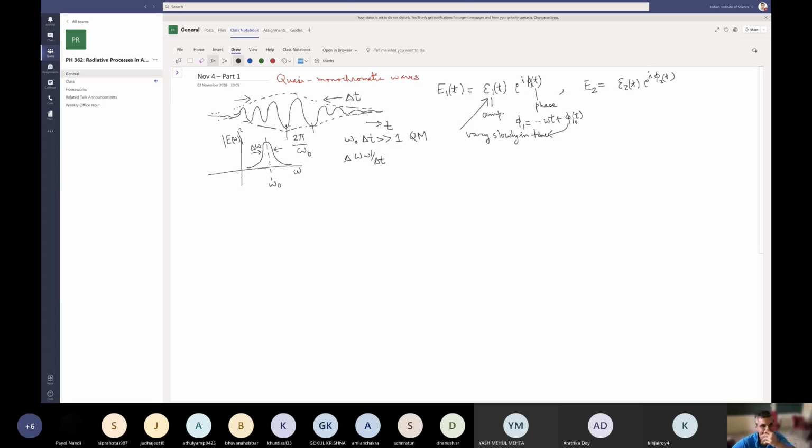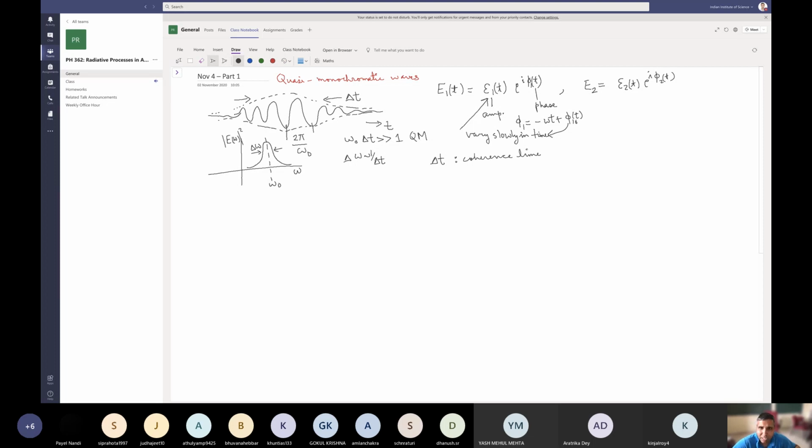In the same way, when we say we have quasi-monochromatic waves, what is happening is that we have a very slow variation of the amplitude and the phase. So it's essentially locally very similar. For many cycles, it looks like a monochromatic wave, right? This time delta t, over which the phase and amplitude change significantly, is called the coherence time.